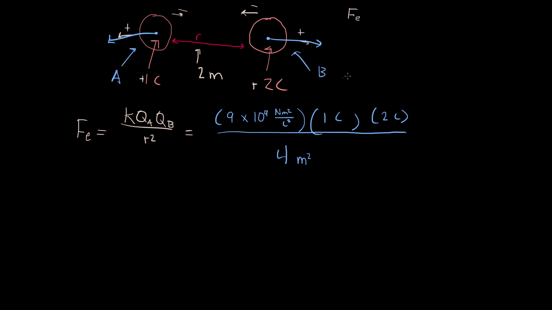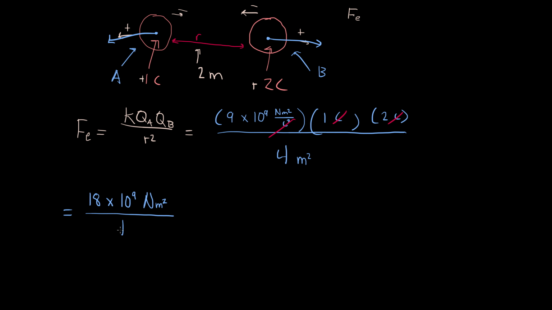So if we go through with this, and we simplify this down, we're going to get 9 times 1 times 2. So that's 18 times 10 to the 9th. And these 2 coulombs here are going to cancel with this Coulomb squared in the denominator. So this unit is just going to be Newton meters squared.